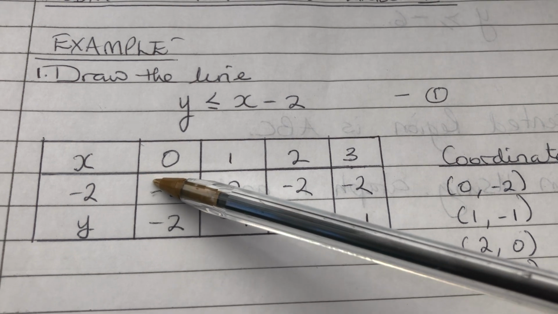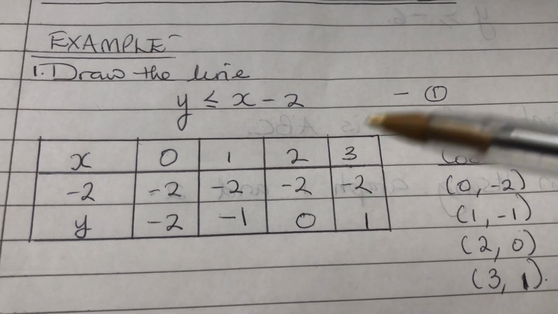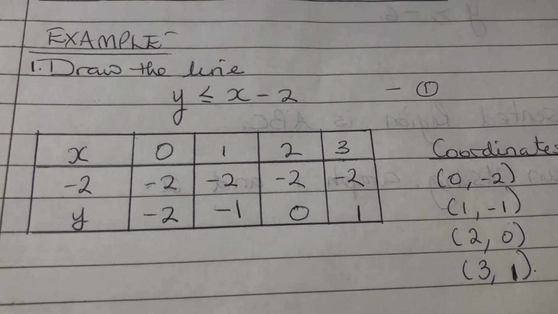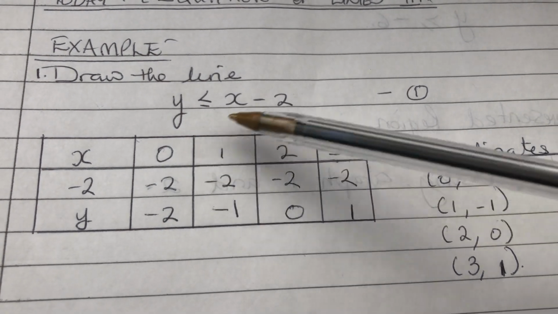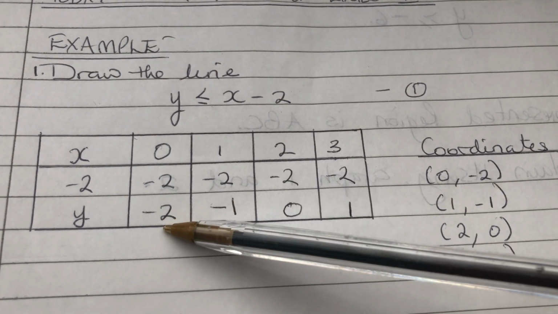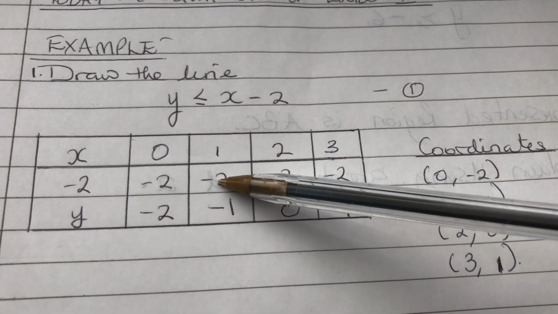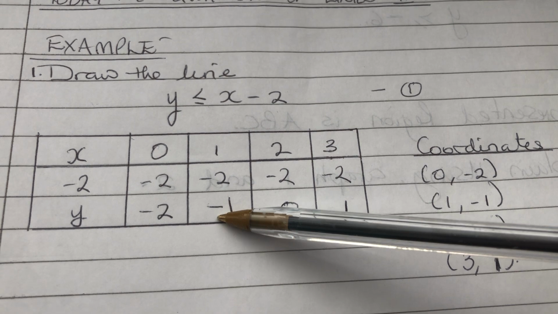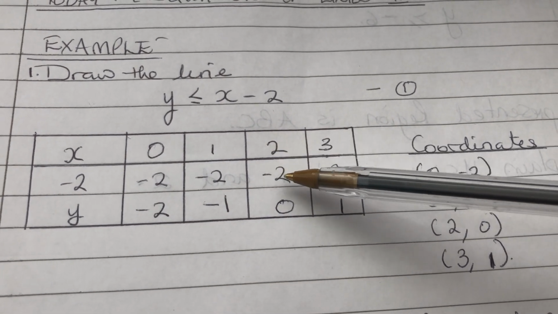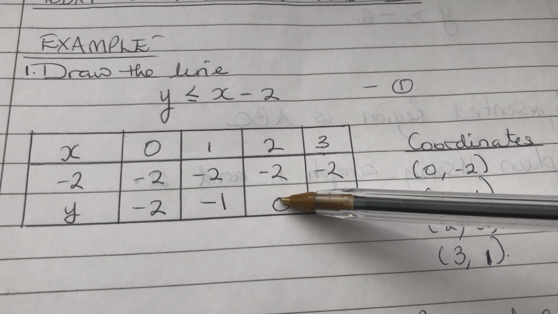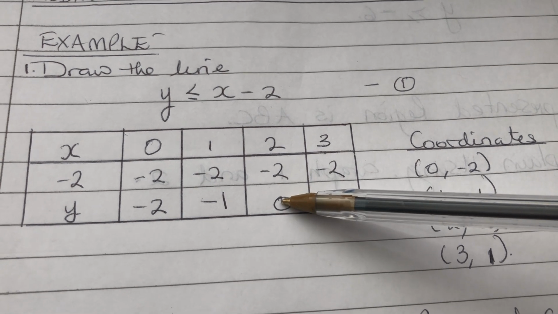So I chose the points 0, 1, 2, 3 for x. So when x is 0, minus 2, y will be minus 2. When x is 1, minus 2, y will be minus 1. When x is 2, minus 2, y will be 0.